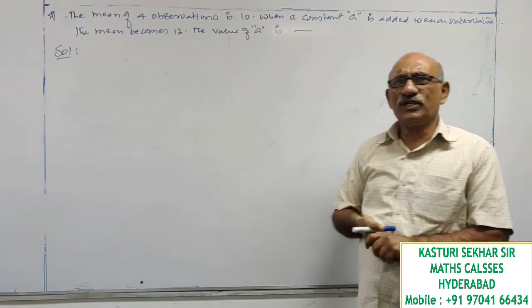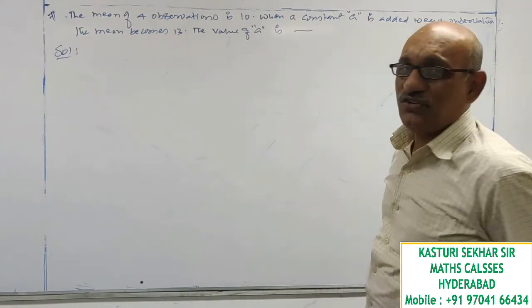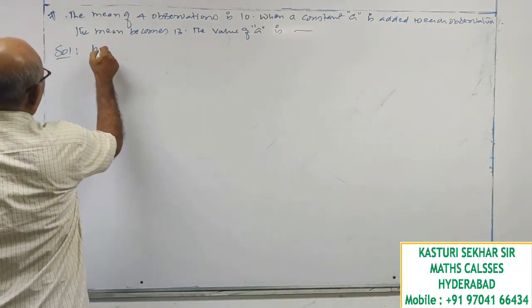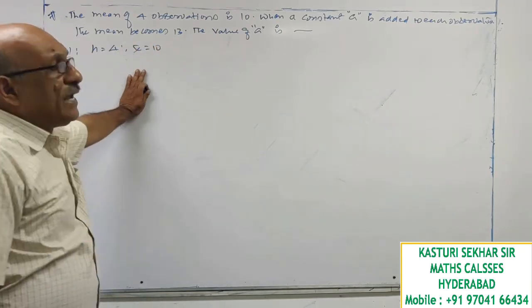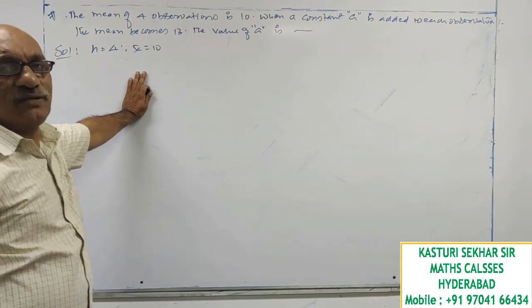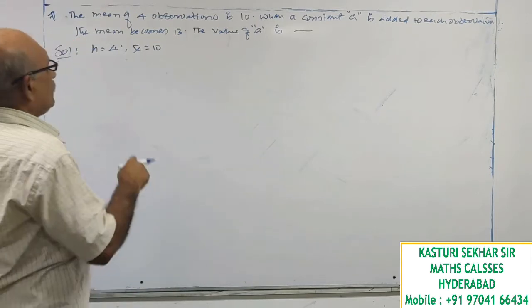Now, sir, look at this question. Mean of four observations is 10. N is equal to 4, x bar is equal to 10. A constant is added to each observation. Change of origin. Arithmetic mean is dependent on change of origin.